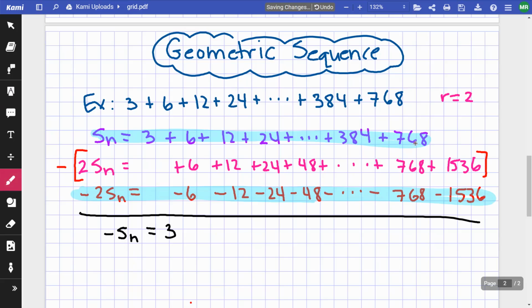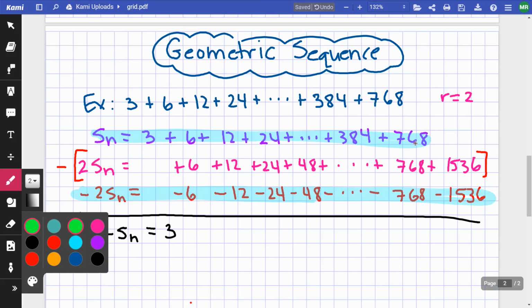Now what's going to happen here is the 6 and the -6 are going to cancel out. This +12 and this -12 are going to cancel out. This +24 and this -24 are going to cancel out. Now, really, there would have been a 48 here. I just didn't list it, and that's going to cancel with this -48.